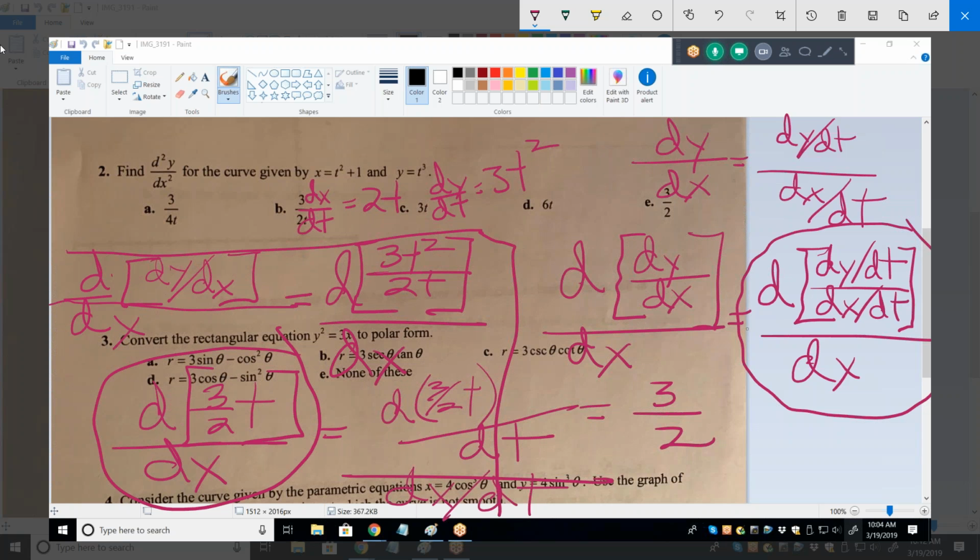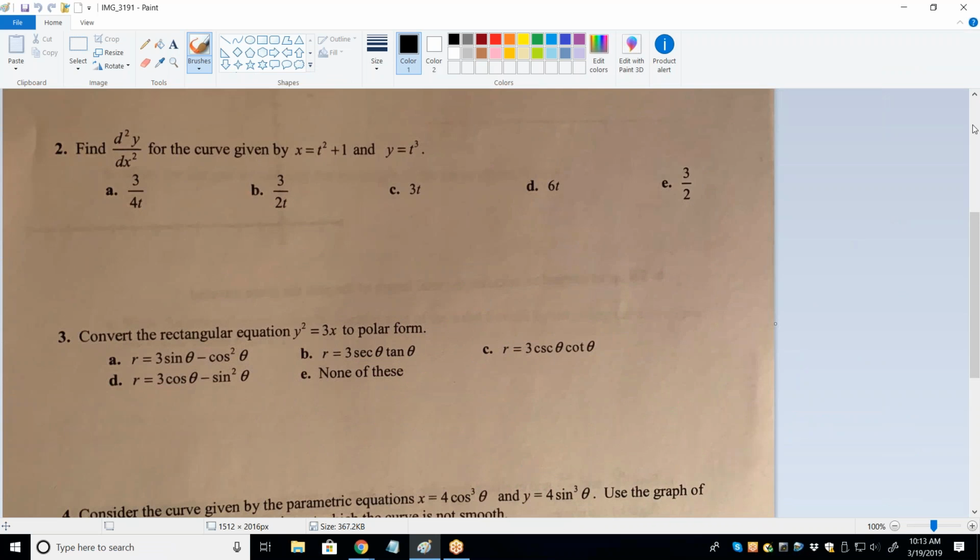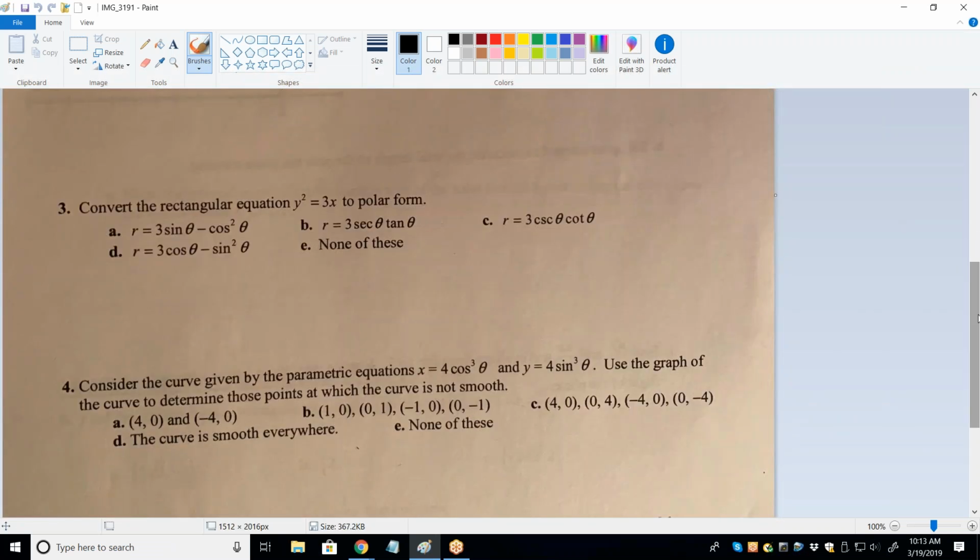Okay, so you can define dy/dx in terms of t, which we did. It's 3/2 t. Now you can find the second derivative. Okay, hold on a second here. I hate to erase all this, but I'm going to, because this will tell us.